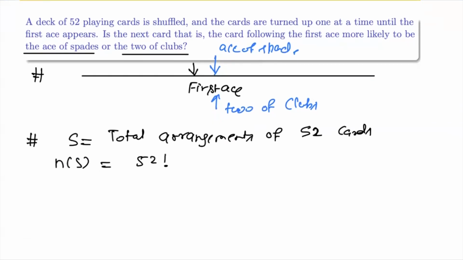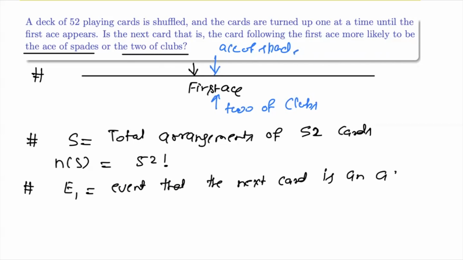Next, suppose E is the event. Let me represent E1, the event that the next card is the ace of spades. The next card means the card after the first ace.